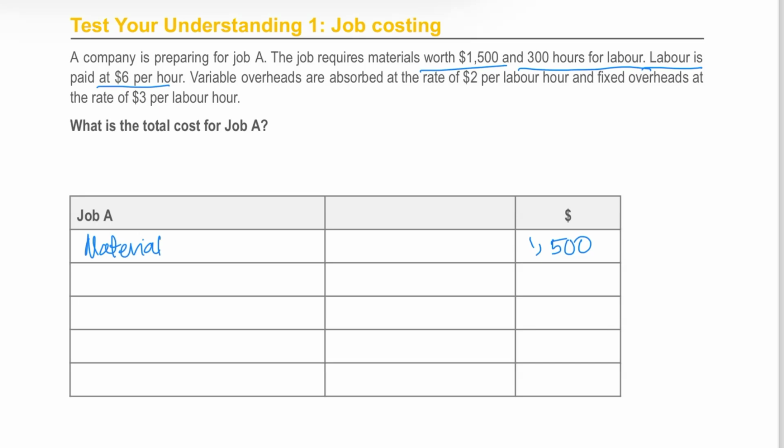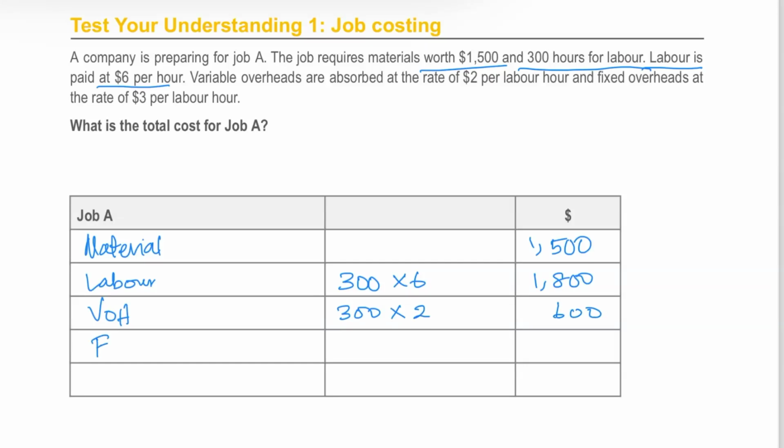Then when it comes to labor, we see that 300 hours of labor was used. Labor is paid $6 an hour. So 300 into 6, 1,800. Then we have variable overheads at $2, again absorbed using labor hours. $6 into 2, which will be 600.